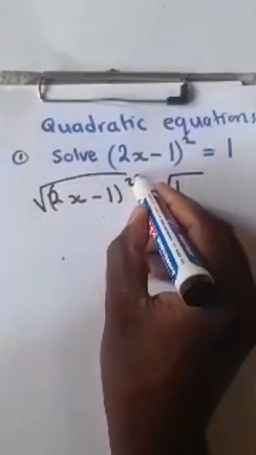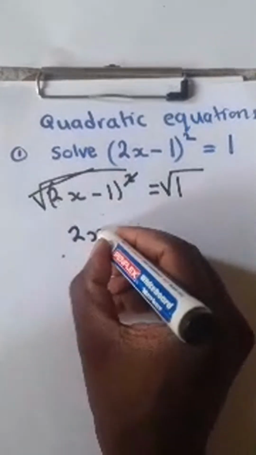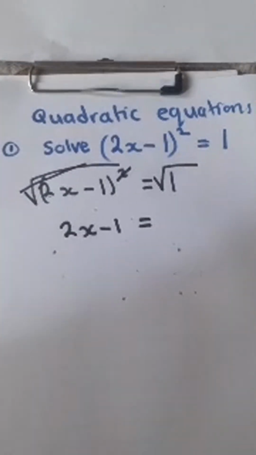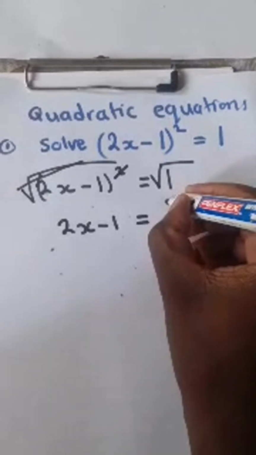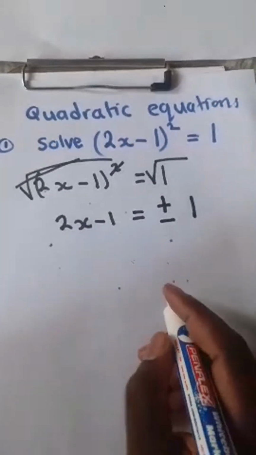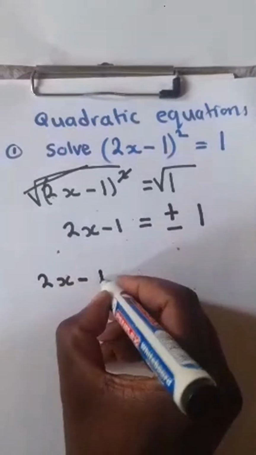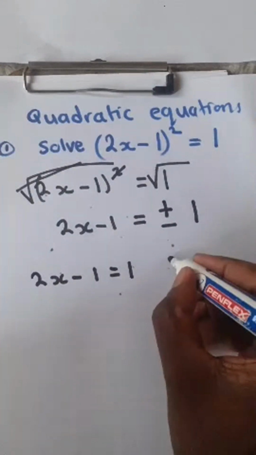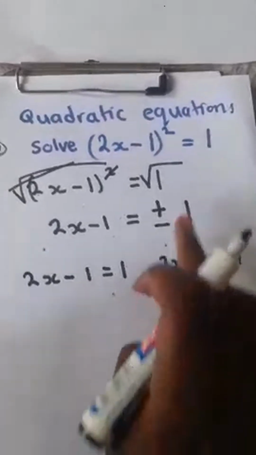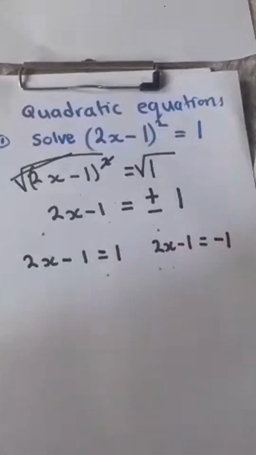This power 2 is going to cancel with the square root, and we're left with 2x minus 1 is equal to, every number which comes out of a square root, you get a plus or a minus. Square root of 1 is 1. So 2x minus 1 is equal to positive 1, or 2x minus 1 is equal to negative 1. Remember, plus or minus, so the first one is equal to plus 1. The second one is equal to minus 1.